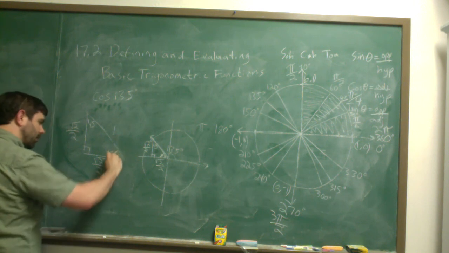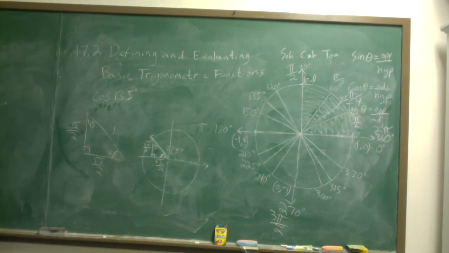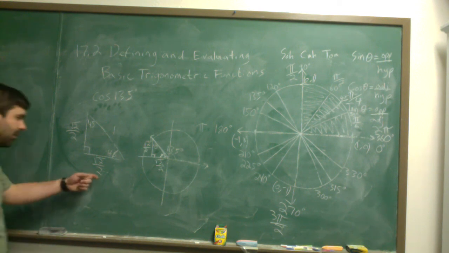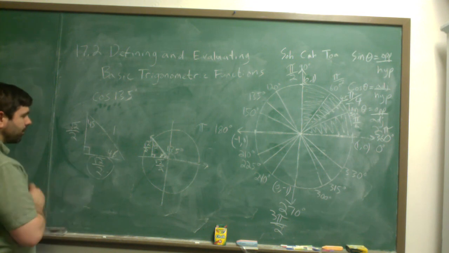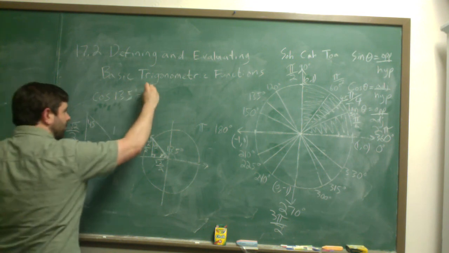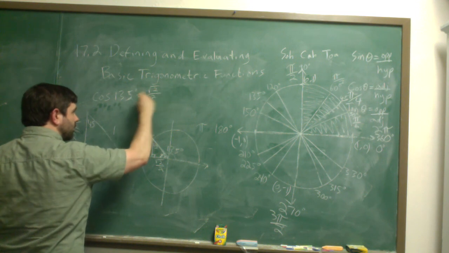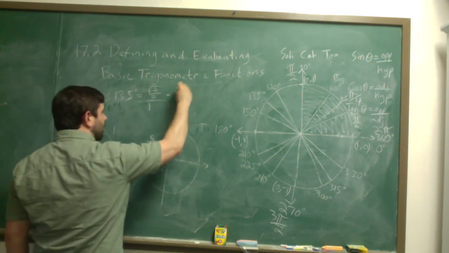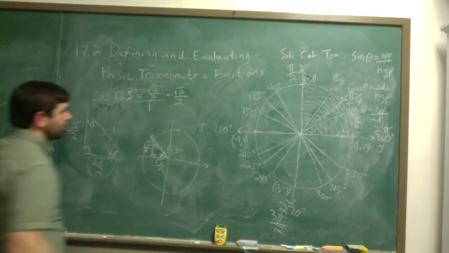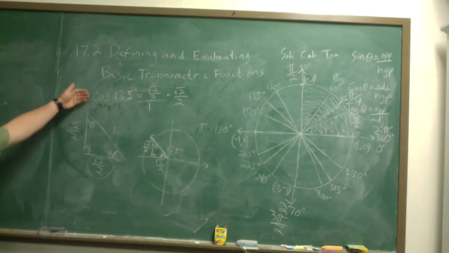What about this one here? Cosine of 135 is adjacent over hypotenuse. Adjacent is root 2 over 2, and hypotenuse is 1. So this equals root 2 over 2 divided by 1, and this equals square root 2 over 2. So that's how we find the cosine of 135 degrees.